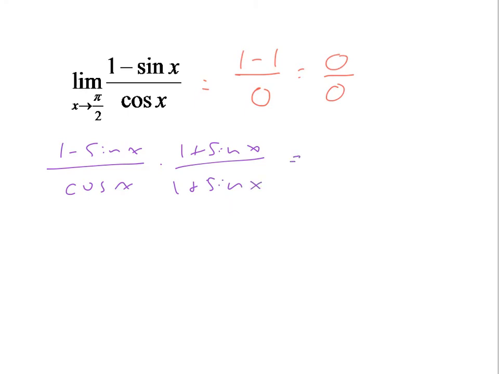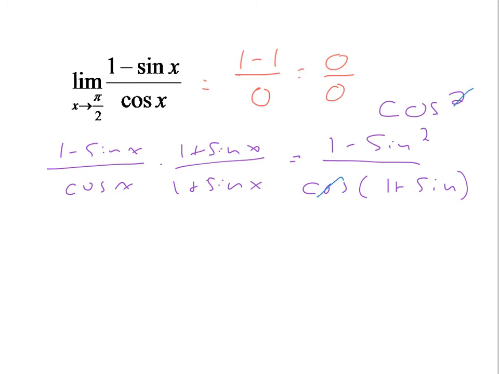Up top, those are conjugates, so I'm going to have 1 minus sine squared. On the bottom, I have cosine times 1 plus sine. If you remember, 1 minus sine squared is equal to cosine squared. So I can cancel a cosine from both top and bottom. So I'm going to have cosine over 1 plus sine.